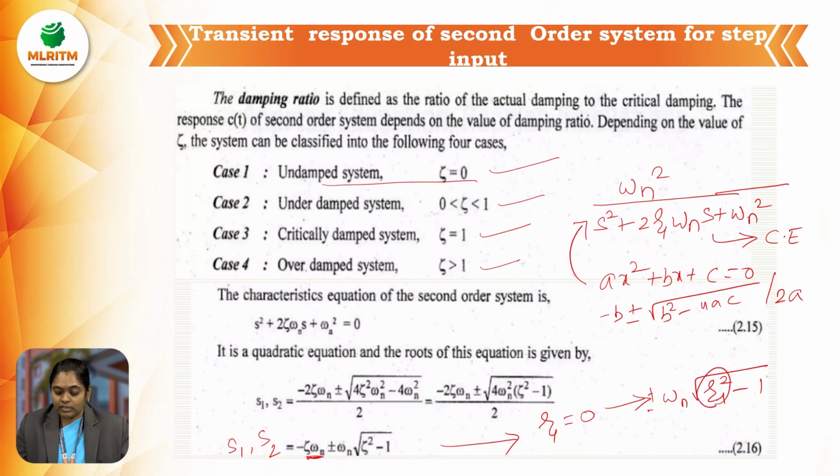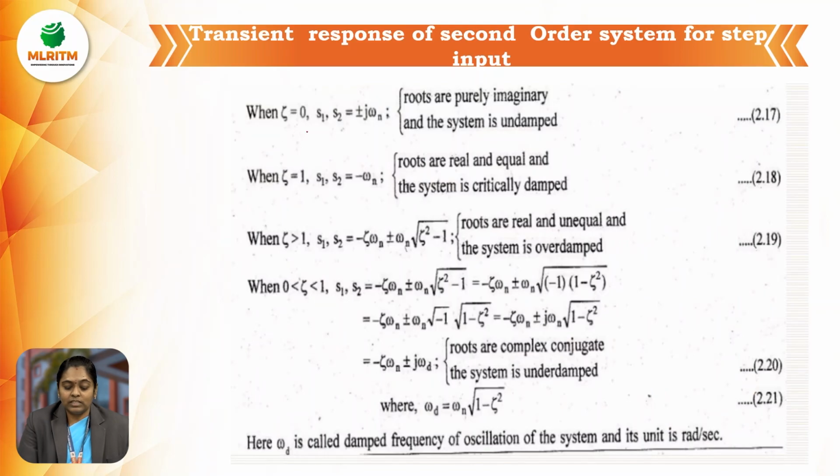Zeta is replaced with 0, so I get plus or minus omega n root minus 1, which can be written as plus or minus j omega n. That itself indicates that when the system is undamped, we get two roots which are imaginary. So when zeta is equal to 0, the two roots of the system are plus or minus j omega n, the roots are purely imaginary, and the system is said to be the undamped case.